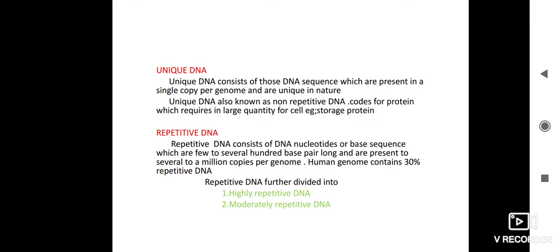Repetitive DNA consists of nucleotide or base sequences which are a few to several hundred base pairs long and are present in several to a million copies per genome. The human genome contains 30% repetitive DNA. Repetitive DNA is further divided into highly repetitive DNA and moderately repetitive DNA.